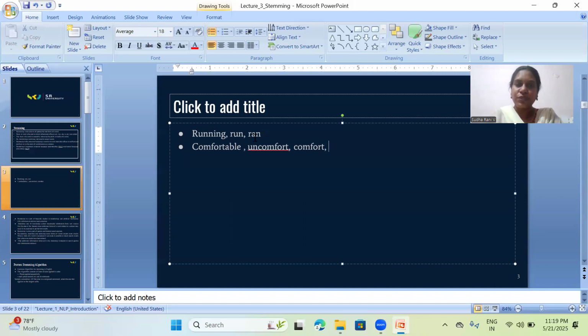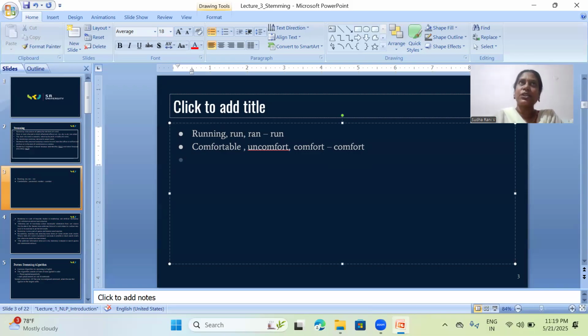So whatever words we are taking, all these words are called stem words. And for every stem word, we have one particular root word. For running, run, ran, all these stem words, we have one root word, and here it is run. Run is the root word for these stem words. And for these stem words, the root word is comfort.